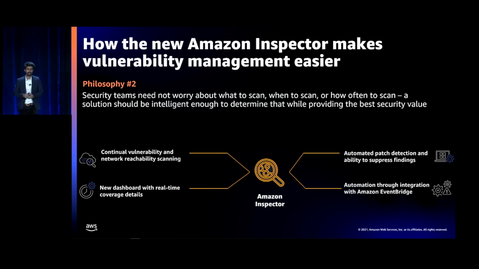And the last thing is EventBridge. Since everything is automated, we push an event for a new finding created, if a finding state changes to closed, or if a new instance comes up or goes down. We generate an event for everything, and we push that to EventBridge. Where that is really impactful is, let's say you have your ticketing system. Since Inspector generates everything in real time, you could integrate with your ticketing system so a new finding can easily create a new ticket.